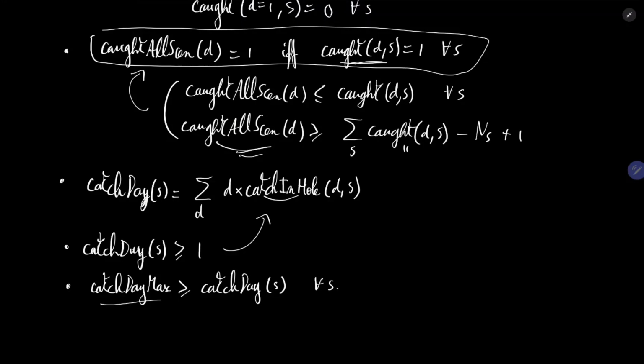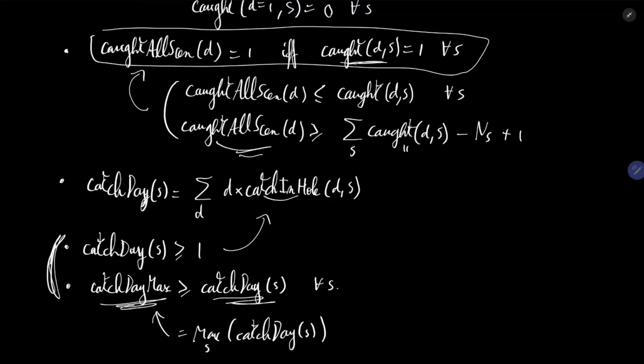And because this is the value that we are trying to minimize, we are going to try to minimize all the catch ds at the same time, and this value will be equal to the max catch ds among all possible scenarios. So these two equations together ensure that the optimal value of catch dmax is the maximum number of days necessary to catch the fox in all scenarios.